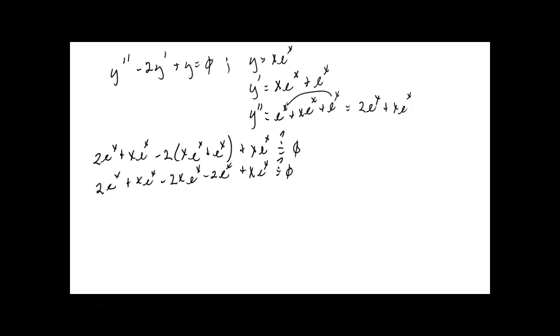All right. Now, here we have a 2e to the x and a minus 2e to the x. Those go to 0. Here we have an x e to the x, another x e to the x. That gives you 2x e to the x minus 2x e to the x, and that gives you 0 as well. So yes, again, that gives you an identity.